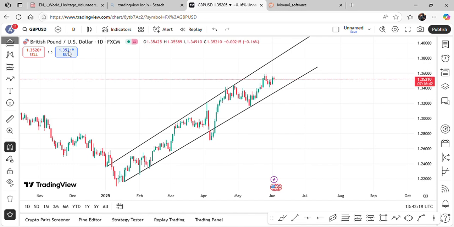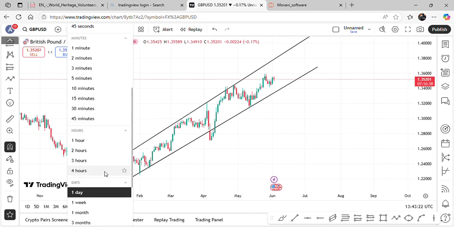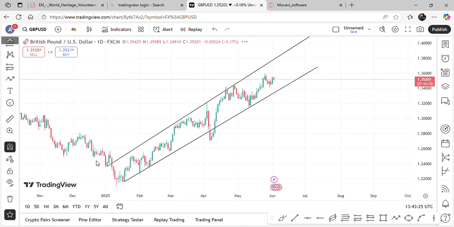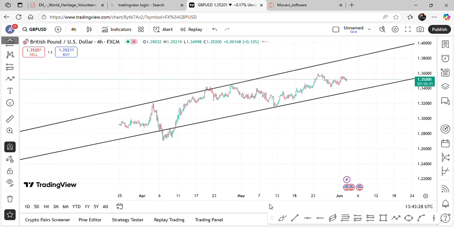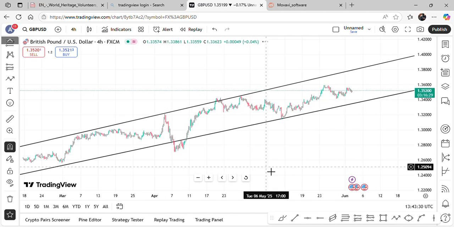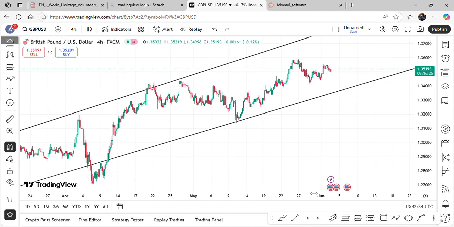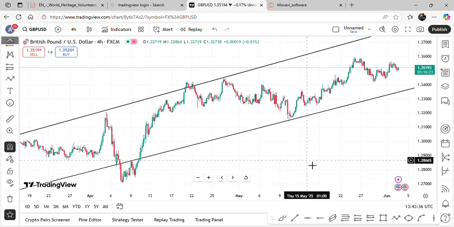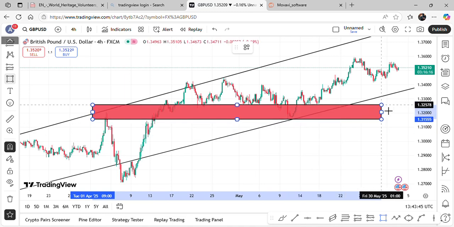From the 4-hour time frame, that's where I'll start applying what we call the key zones. On the 4-hour time frame here, I can see a couple of zones which are valuable, and I can call them key zones. When I'm talking about key zones, I'm talking about zones which I know that price will eventually react from. This is an example of a key zone.